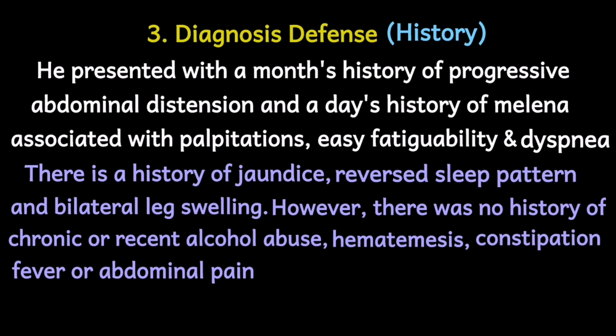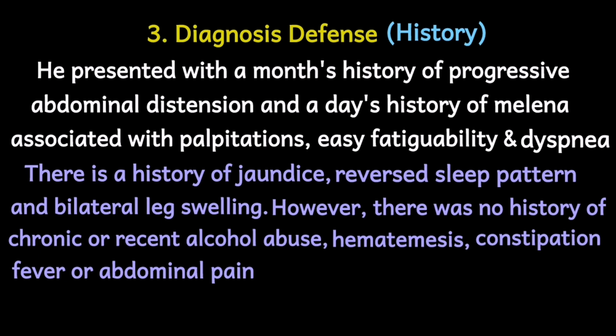It could be that he has ascites from a liver cirrhosis, which has been complicated by upper GI bleeding, which is manifesting as melena. And then we mentioned that it was associated with palpitations, easy fatigability, and dyspnea. And these are symptoms of anemia. And so the upper GI bleeding with anemia has been justified here.